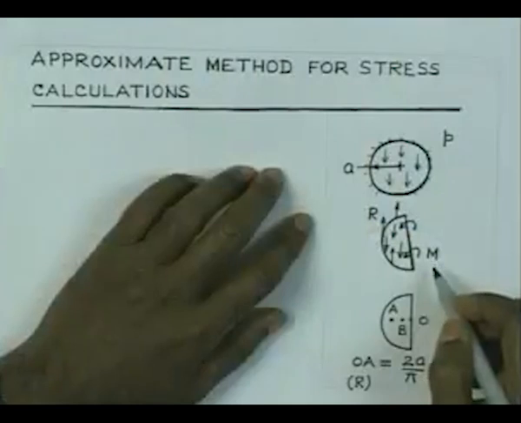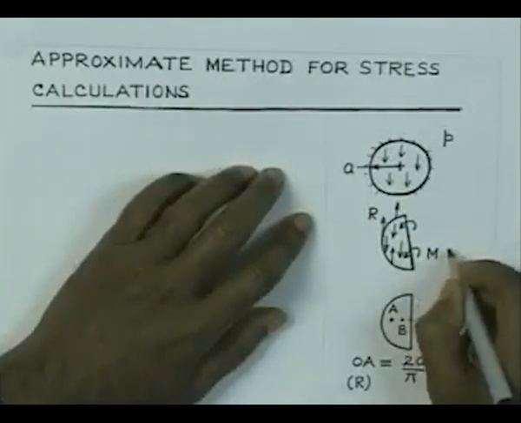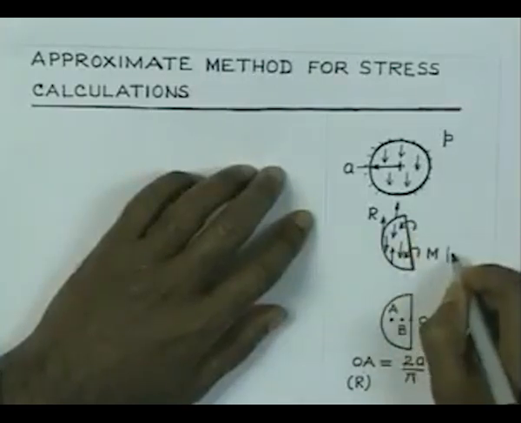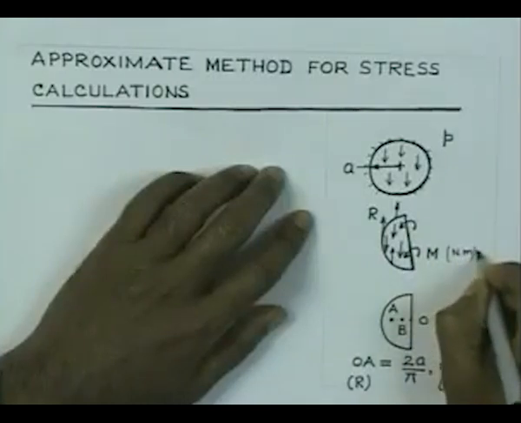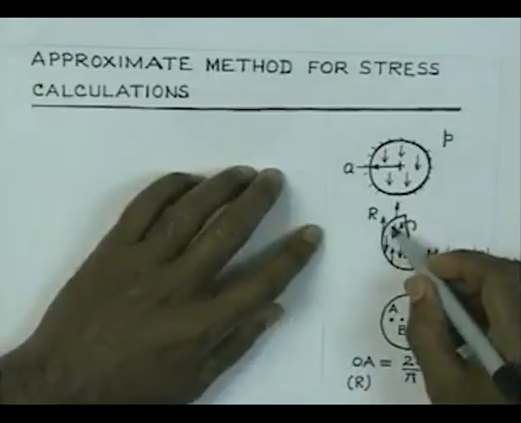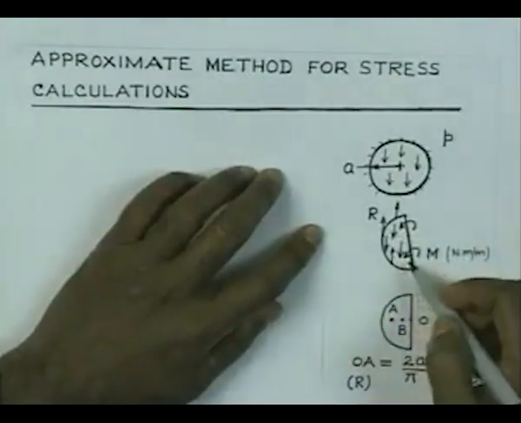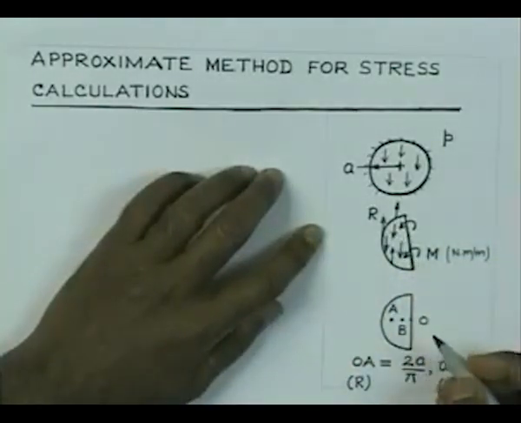if we consider that m is the intensity of this moment distribution, or rather you can think of it as moment per unit length of this diameter, therefore it is going to be in units Newton meter per meter. The center of gravity of the distributed pressure over that semicircle is going to lie somewhere here.